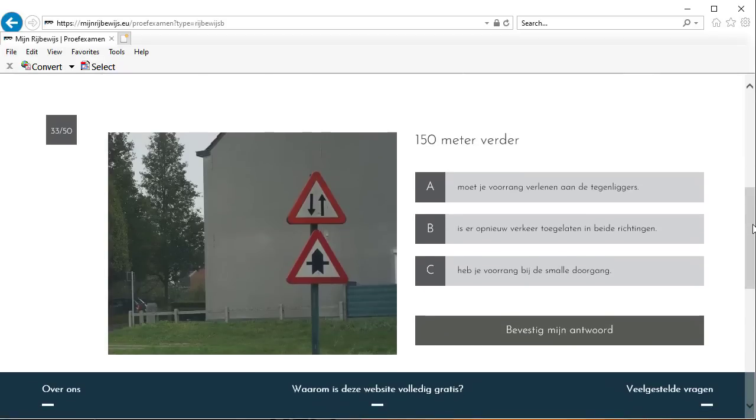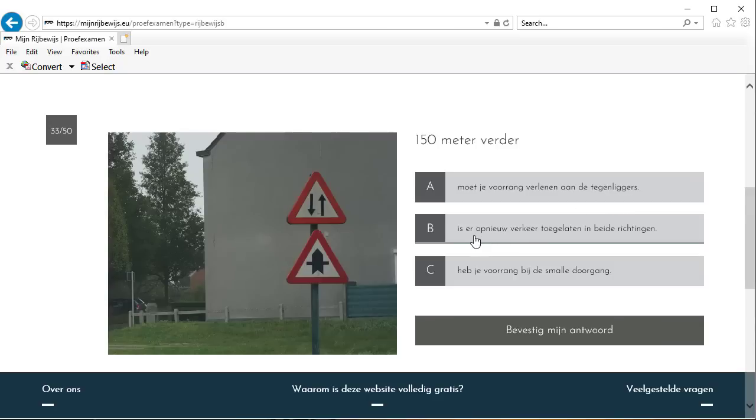Option A, you must give priority to the traffic that is coming from the opposite direction. Option B, there is again traffic in both directions.